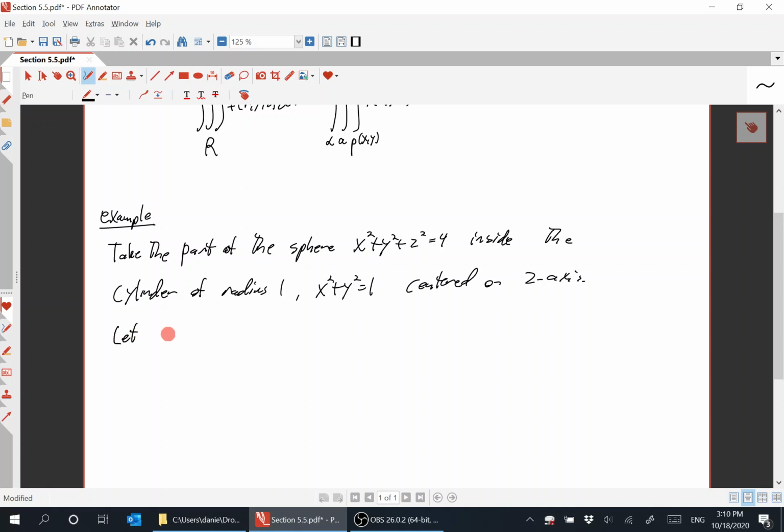So let R be a region above the xy plane, in other words, z bigger than or equal to 0, inside the cylinder, and below the sphere.